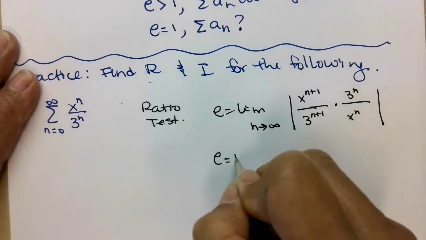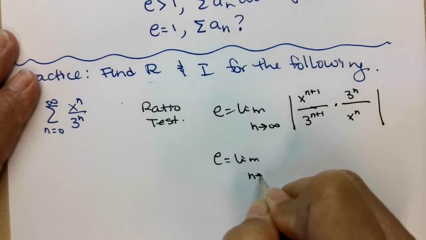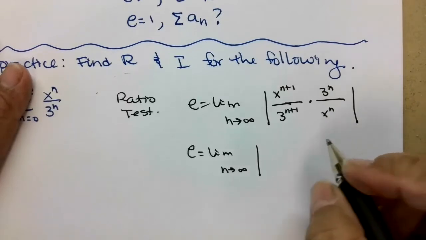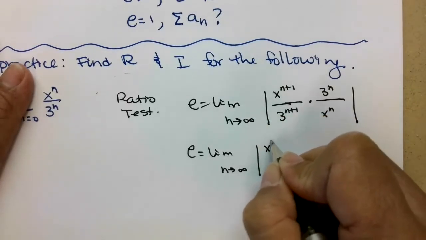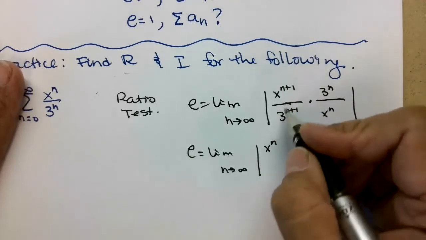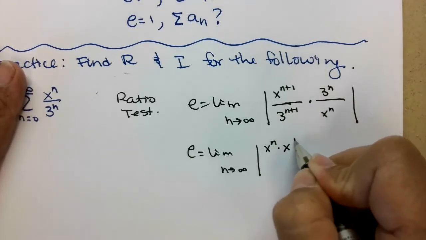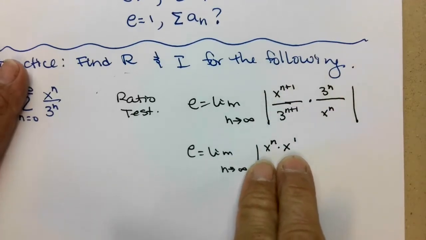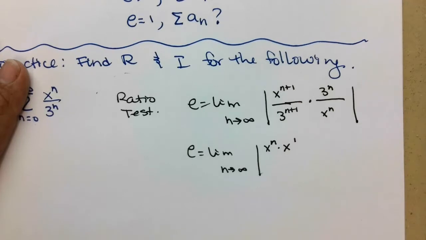So rho is the limit as n goes to infinity. Now I'm going to do some algebra, those fabulous exponential properties that have been drilled into you forever. So x to the n plus 1, working backwards, is the same thing as x to the n times x to the first, because when you multiply like bases, you add the exponents.